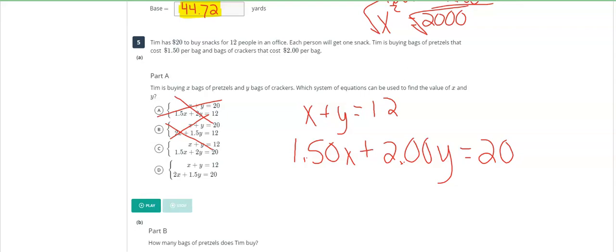So that would be 1.5x plus 2y is equal to 20, which would give us the answer of C.